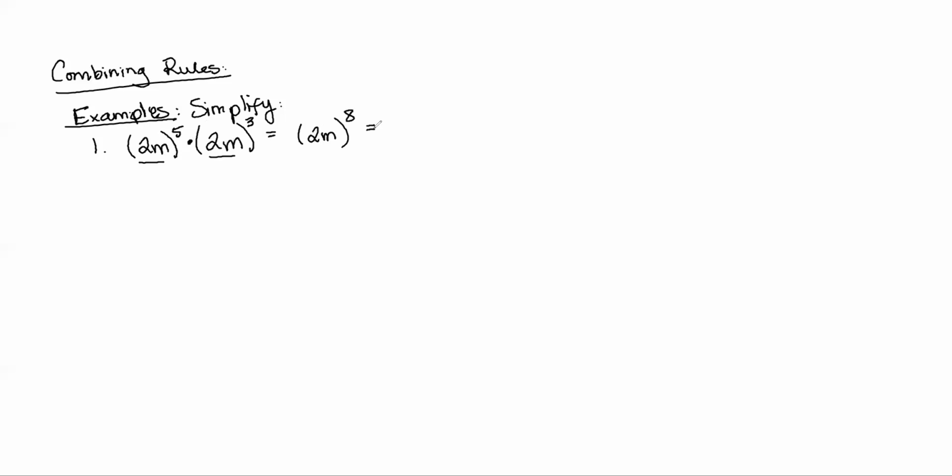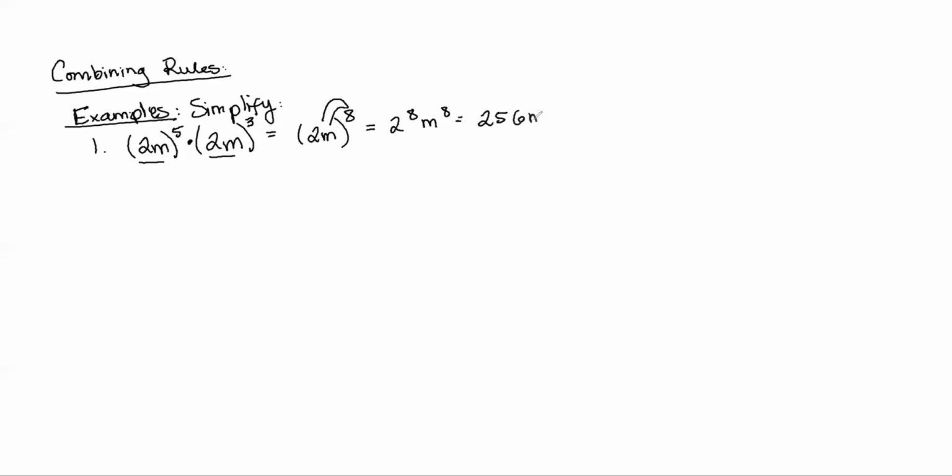So at this point, I'm going to distribute. So we have 2 to the 8th, m to the 8th. And 2 to the 8th, 8 is a really big exponent for a number, but if you multiply 2 times itself 8 times, you only get 256.